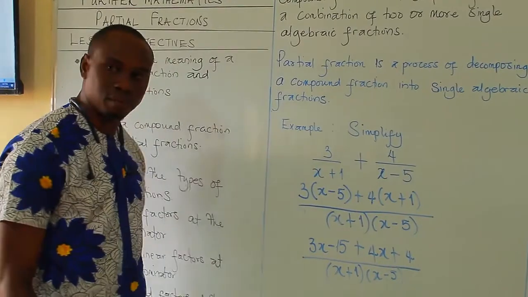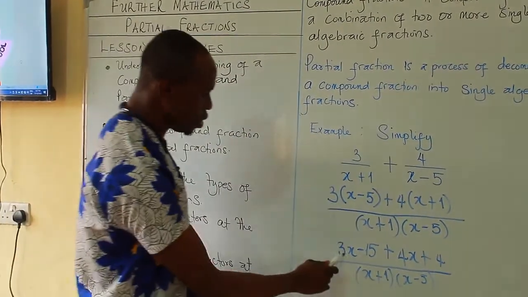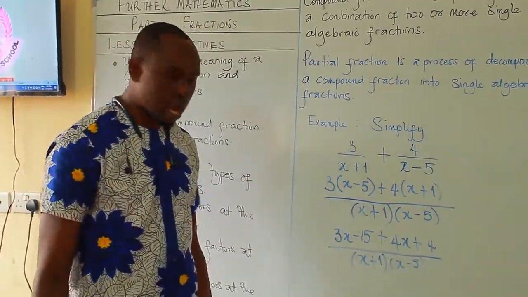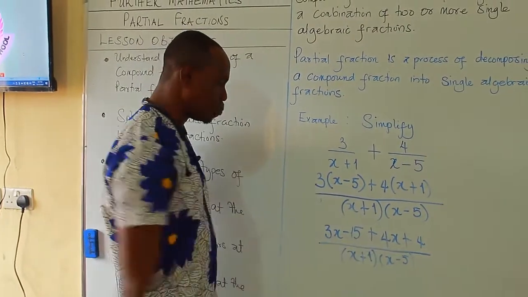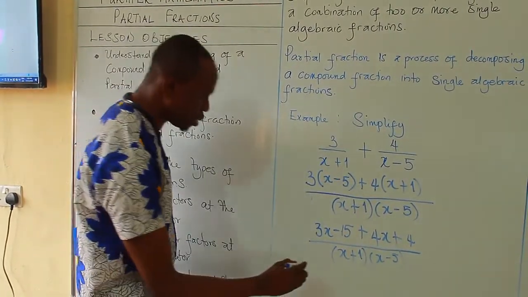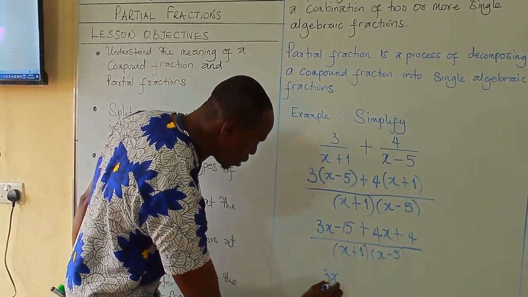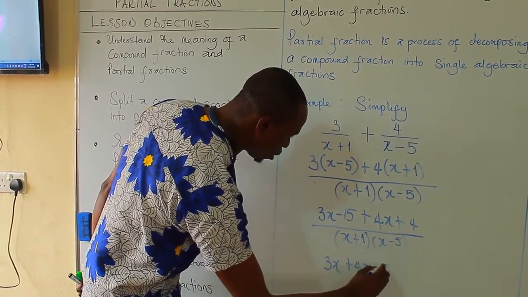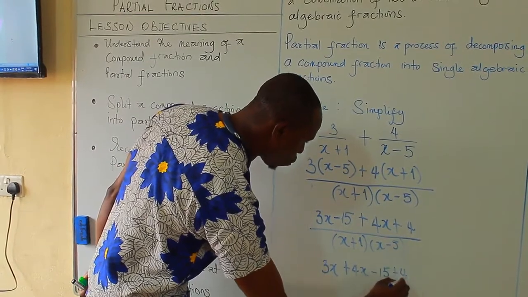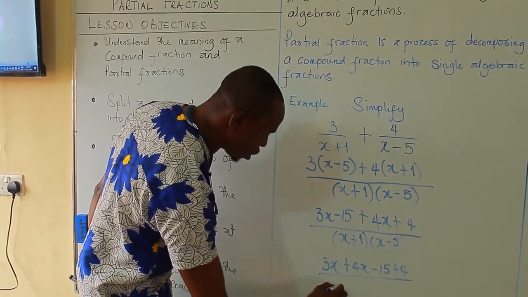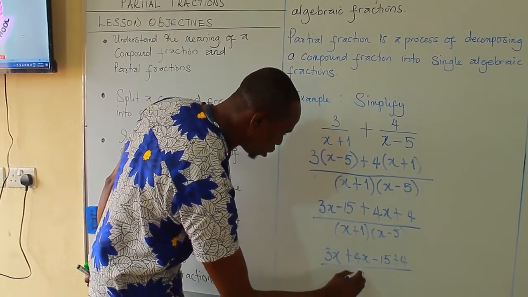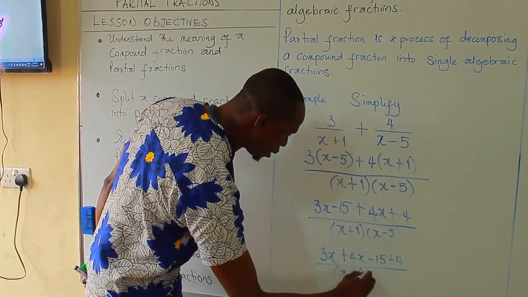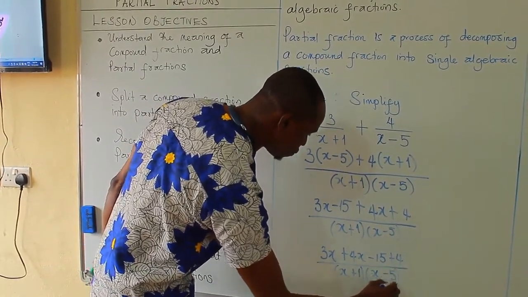I have like terms here, and they are 3x and 4x, and minus 15 and plus 4. So I'm going to collect those like terms, and I'll be left with 3x plus 4x minus 15 plus 4 all over x plus 1 and x minus 5.